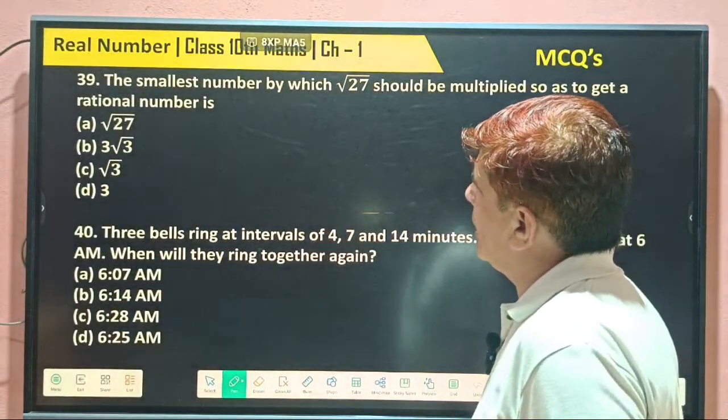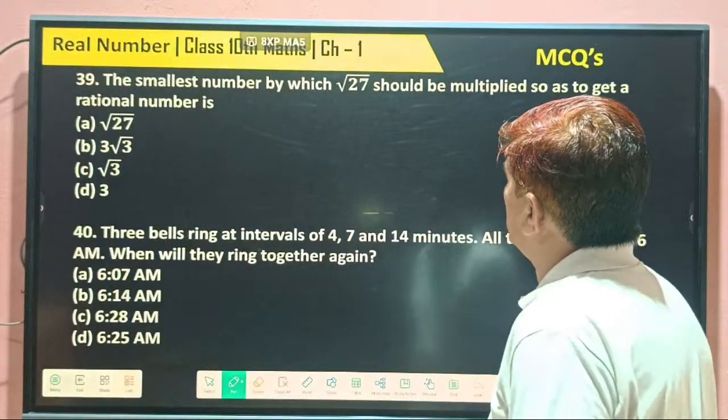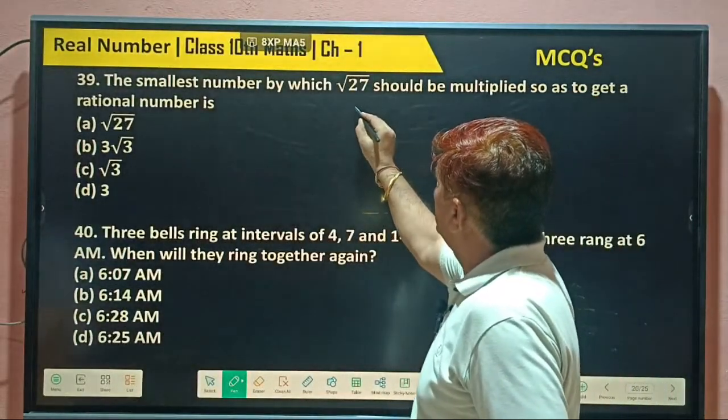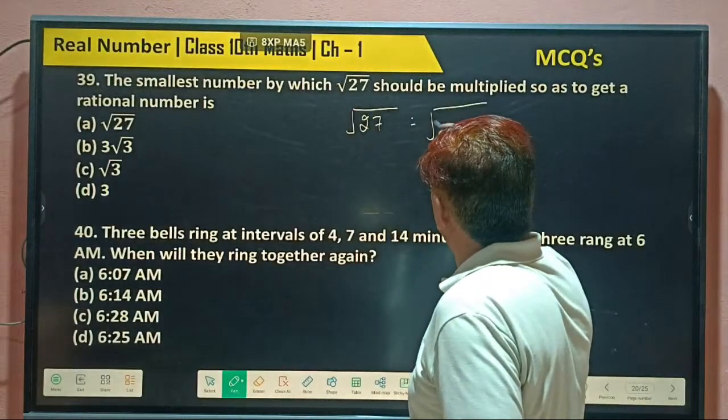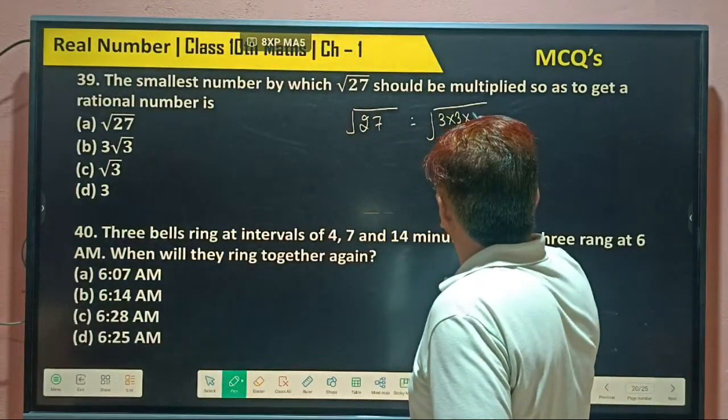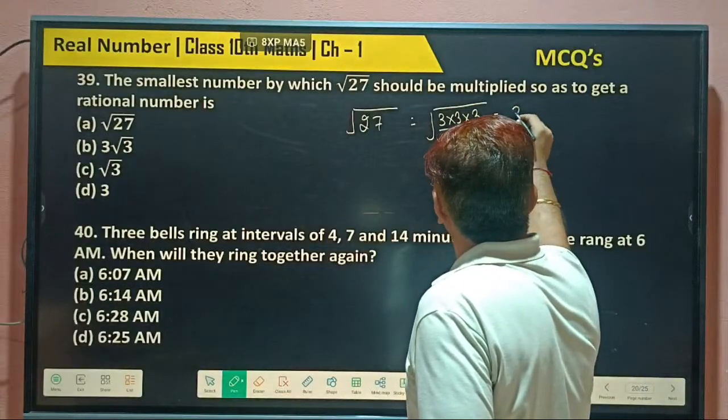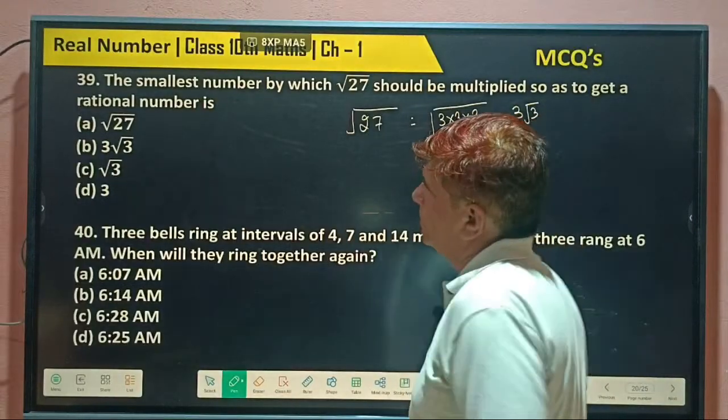This is given: the smallest number by which under root 27 should be multiplied so as to get a rational number. So under root 27 we can write like this: 3 into 3 into 3, and this we can write 3 under root 3.